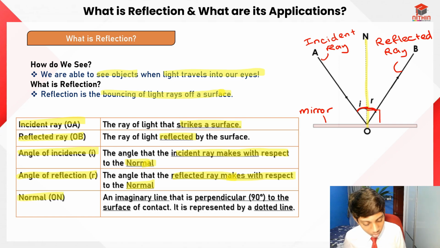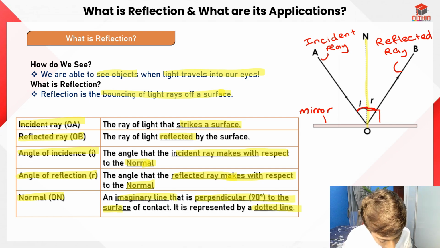The normal is an imaginary line that is perpendicular to the surface of contact. It is represented by a dotted line. So I hope you understood about reflection.